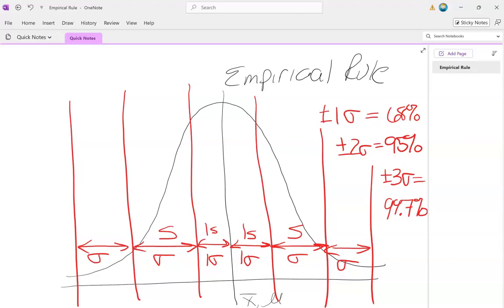So almost all of the data in a normal distribution is going to fall within 3 standard deviations of the mean. And so this is kind of a powerful thing. This helps us identify outliers, because if 99.7% of the data is going to be within 3 standard deviations of the mean, anything outside of that is obviously going to be an absurd or a strange or non-normal value.